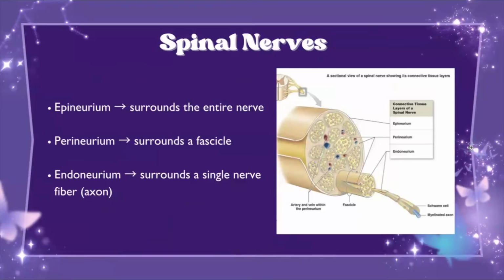So now, you guys already know this from first year, but the spinal nerve is basically like a bundle of axons that's surrounded by 3 different connective tissue layers. Starting with the axon itself, each individual nerve fiber or axon is surrounded by the endoneurium, this layer of connective tissue called the endoneurium.